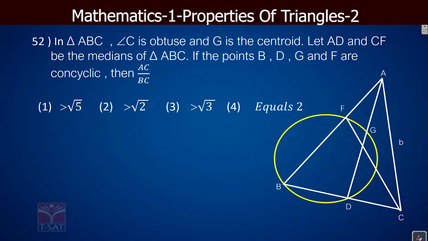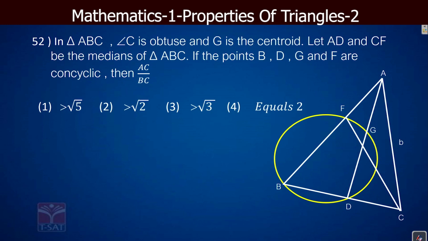If the points B, D, G, F are concyclic, then the ratio AC by BC is greater than: 1, root 5; 2, root 2; 3, root 4; 4, root 3.